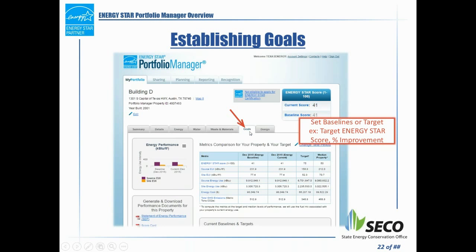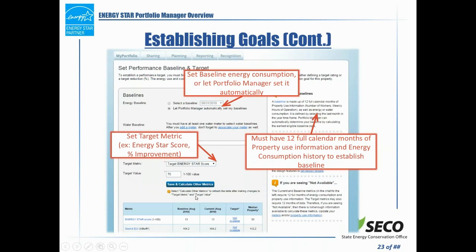If you want to update the goals, you'd click down there, and it'll walk you through this. It wants you to set your baseline energy consumption, or you can let it set it automatically. It'll probably pick the first 12 months that you have uploaded data for. Or if you want to use a different baseline year, you would just change that here.